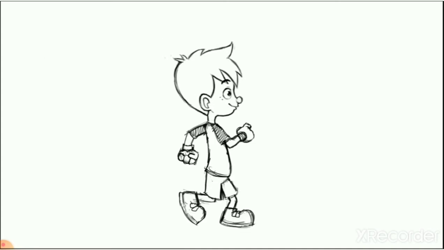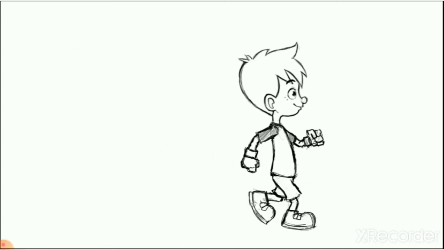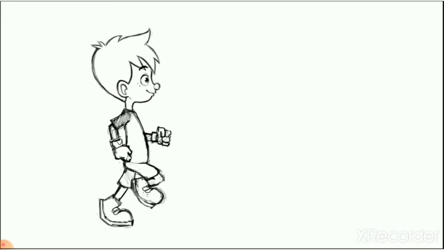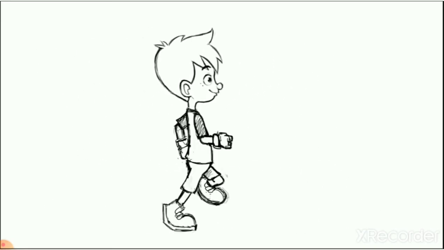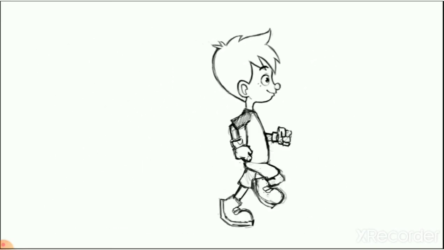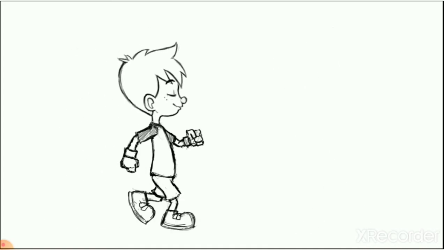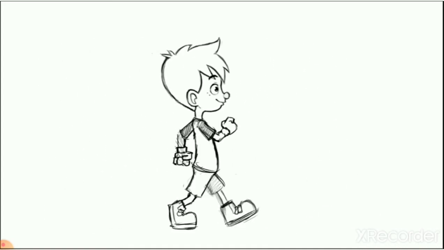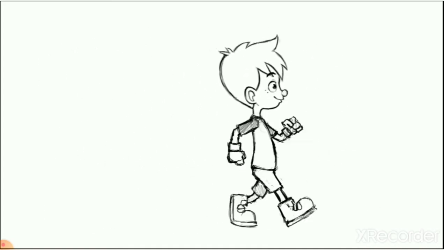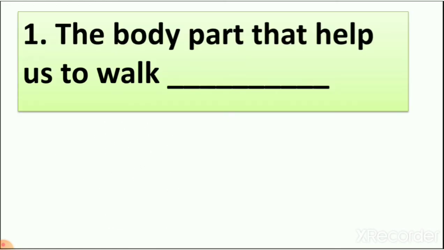We already learned this. Now you tell me which body part this boy is using when he is walking. Is that hand? No. Is that nose? No. So which body part is it? It is our leg, right? Which body part do we use to move from one place to another?